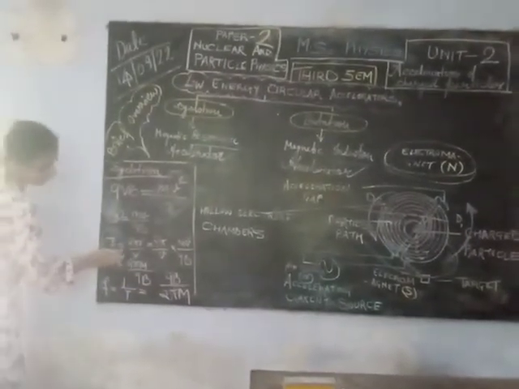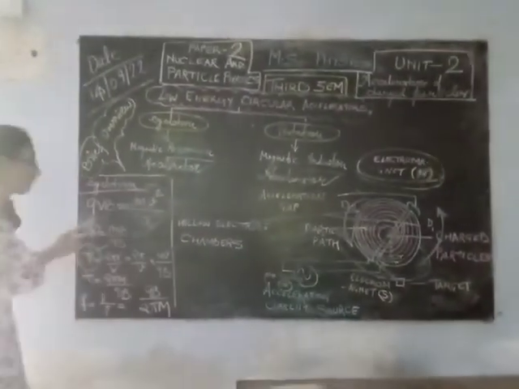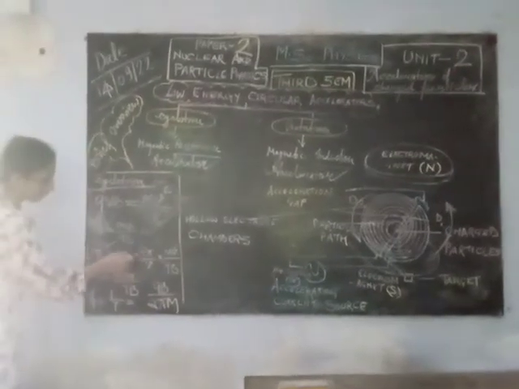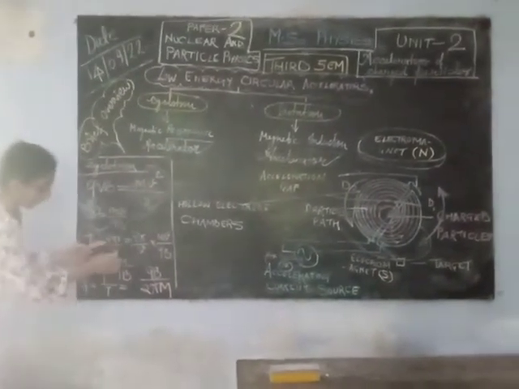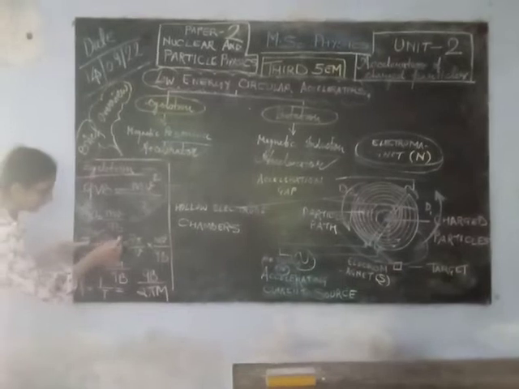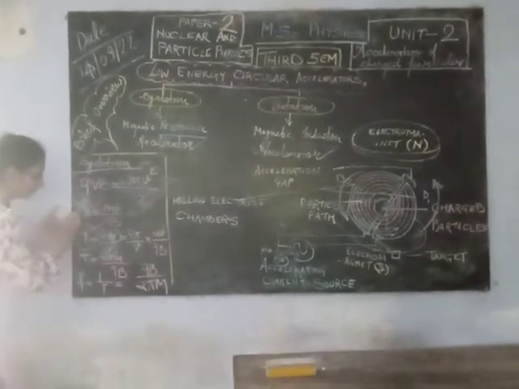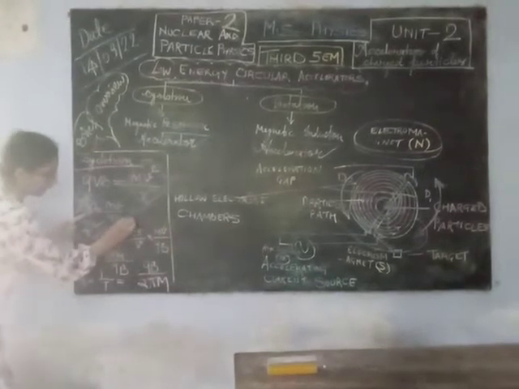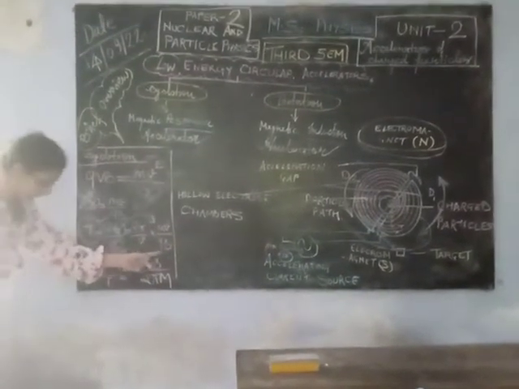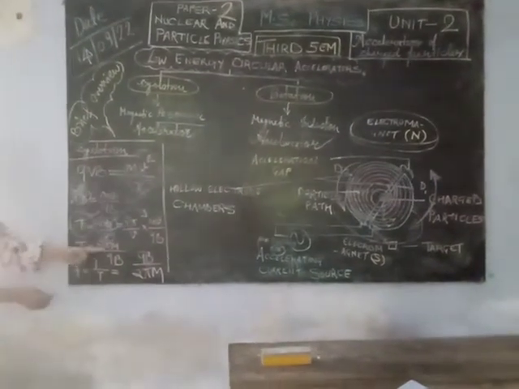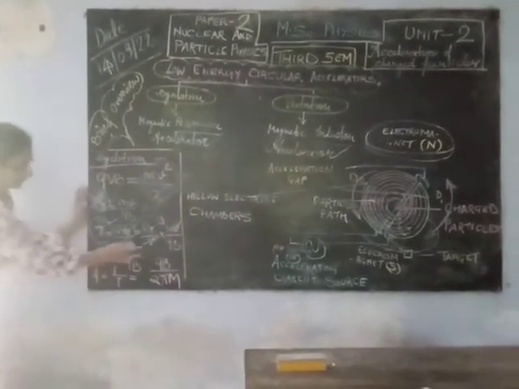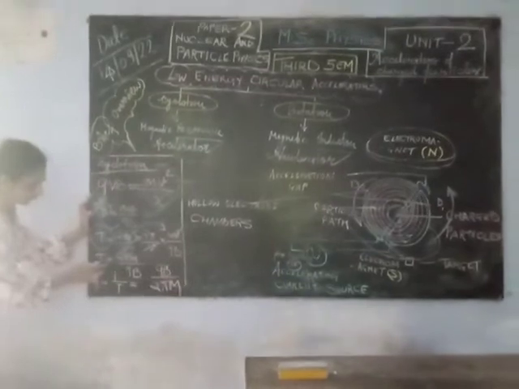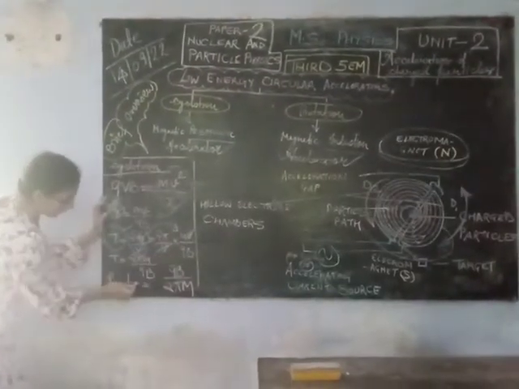Here T equals 2 pi r by v. These are the basic formulas. Putting in the value of velocity, we get T equals 2 pi m by qB.